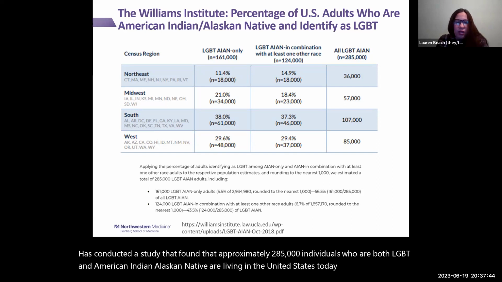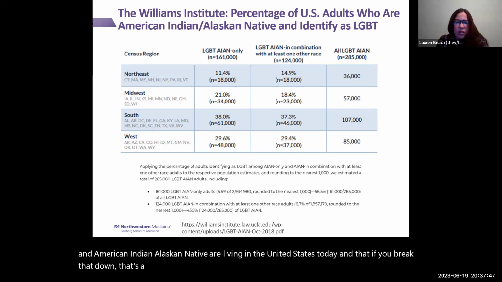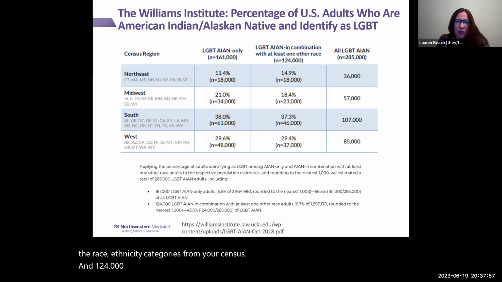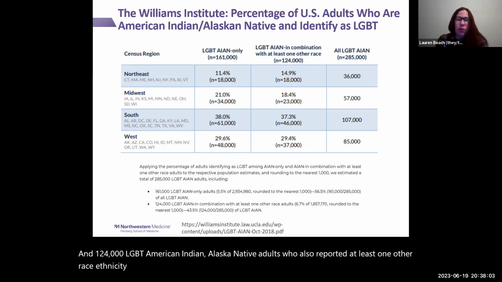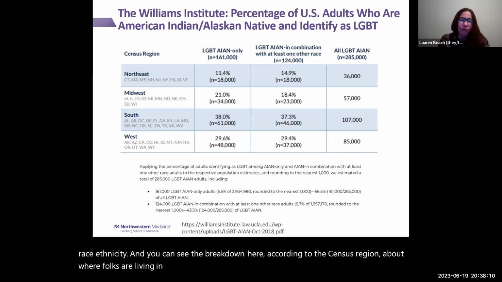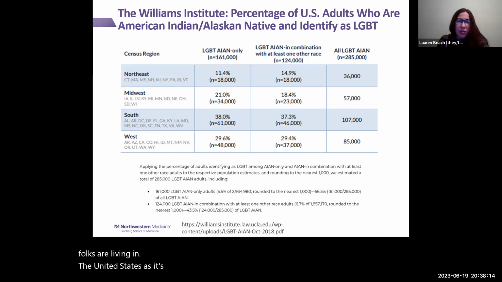If you break that down, that's 161,000 LGBT American Indian and Alaska Native only adults, using the race and ethnicity categories from the US Census, and 124,000 LGBT American Indian and Alaska Native adults who also report at least one other race or ethnicity. You can see the breakdown here according to census region of where folks are living in the United States as a colonial nation.